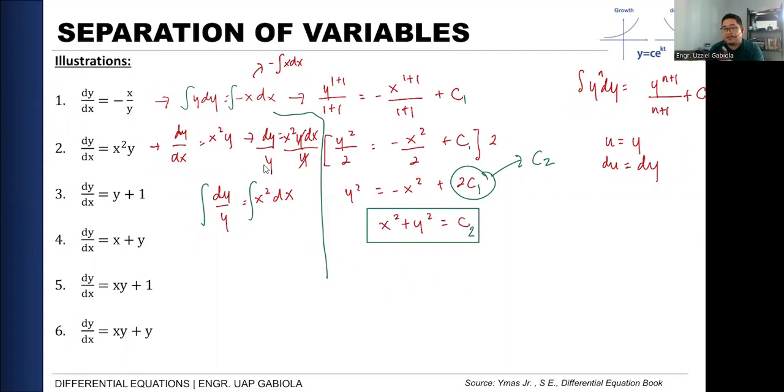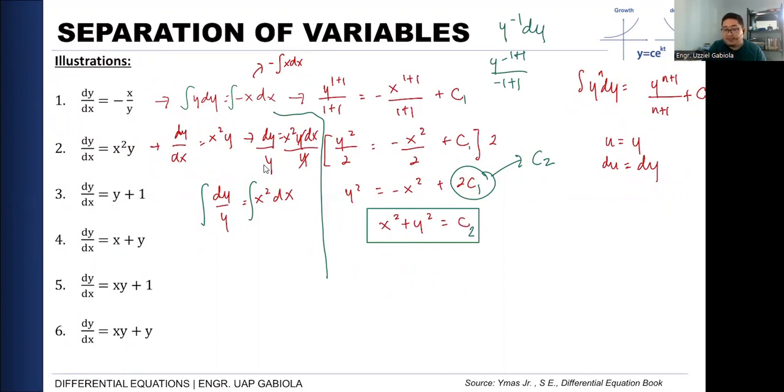Eh hindi pwedeng mangyaring 0 to. Kasi di ba to, pag change natin into exponent, that will be y to the negative 1, no? Pero if you will apply this, that will be y to the negative 1 plus 1 over negative 1 plus 1, which is an error, kasi magiging siyang undefined, which cannot be the case.